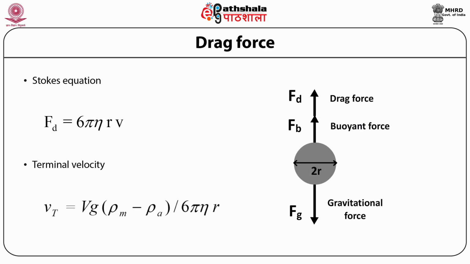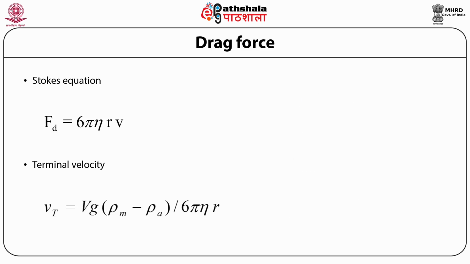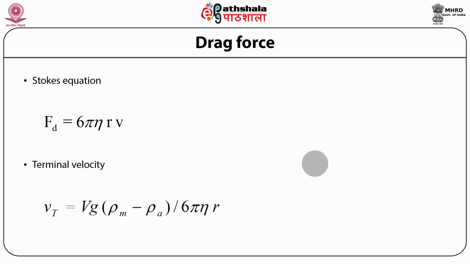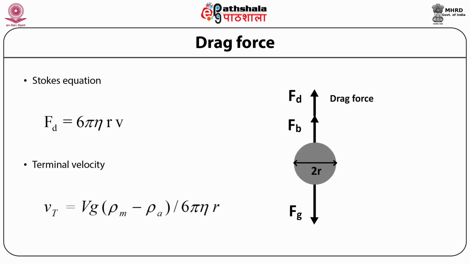In this picture you have the object with velocity v moving down towards Earth with the gravitational force Fg acting on it, with density rho m as compared to rho a for the fluid or air. Because this is the motion of the object in a fluid, there is a buoyant force opposite to the direction of the motion, and then there is the drag force because of the flow of the fluid as well. So the resultant force on the object is towards the ground.